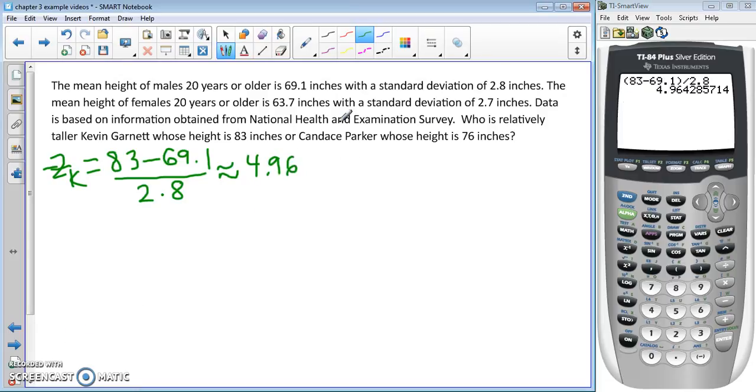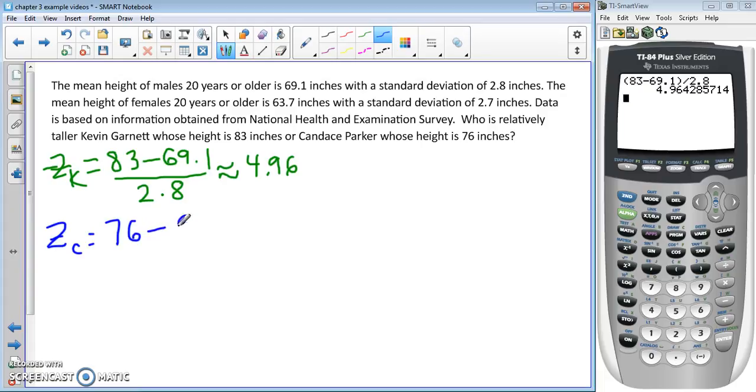So way above the mean. We're looking in that rare percent. So remember that if it's approximately bell shaped here, there's 99.7% that lie within 3 standard deviations. So he's in that rare percentage there. Now let's look at Candace's z-score. So her height is 76.